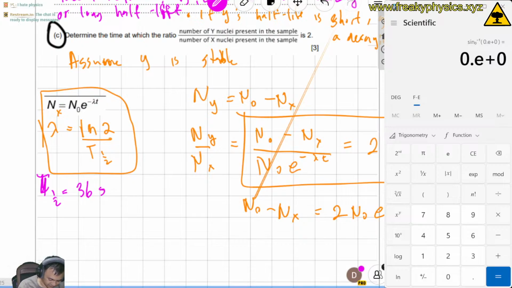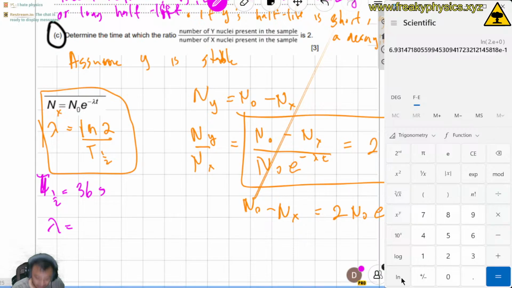So the activity here will be, calculator, ln 2 to find the natural logarithm. Where's ln here? Divided by 36.